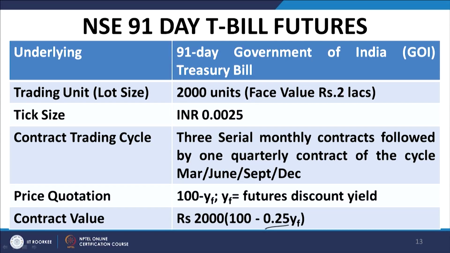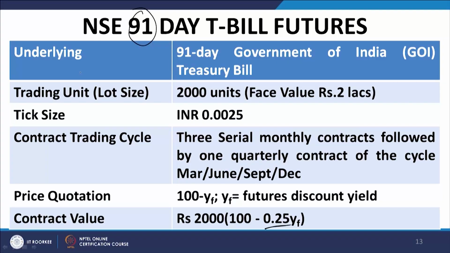Now, from where does 0.25 come up? 0.25 comes up from the fact that the underlying instrument is a 91-day T bill, which is approximated to 90 days, and that is how the value of the contract is calculated. 2000 into 100 minus 0.25 YF, where YF is the annual rate, and quotations are made on the basis of a 90 upon 360 convention, that is, 90 days in a year of 360 days.